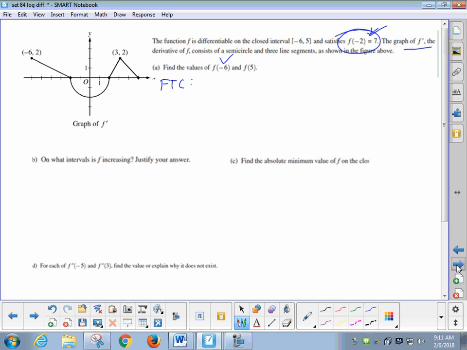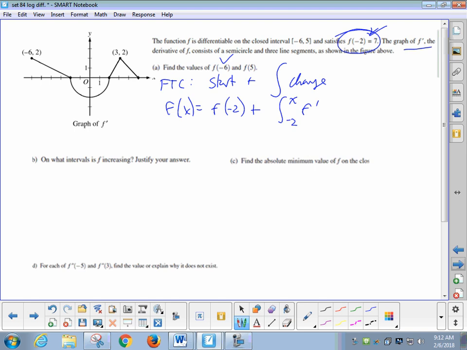So, if you take the starting condition plus the change, then the starting condition is, they tell you f at negative 2. And the change then will be from negative 2 up to whatever x they ask about, whatever they want, under the curve. That will find the f at any x. Starting point plus the area under the curve.